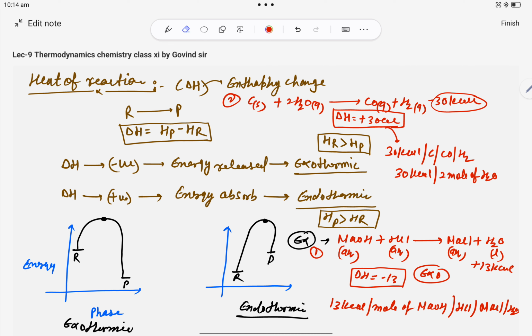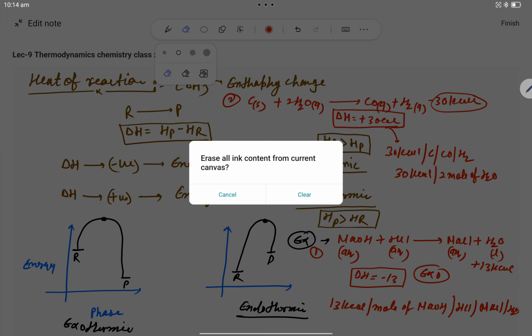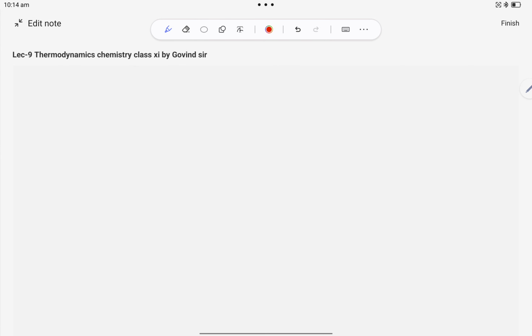Okay, now we will discuss about factors on which delta H depends.